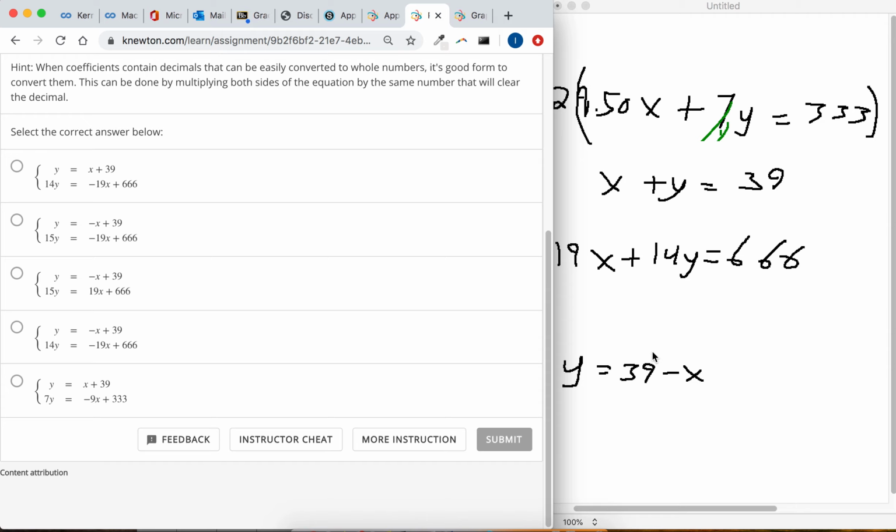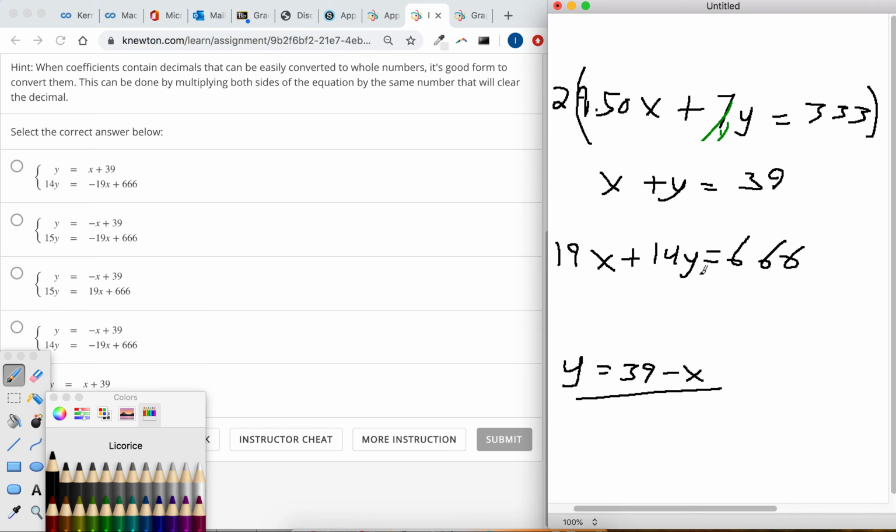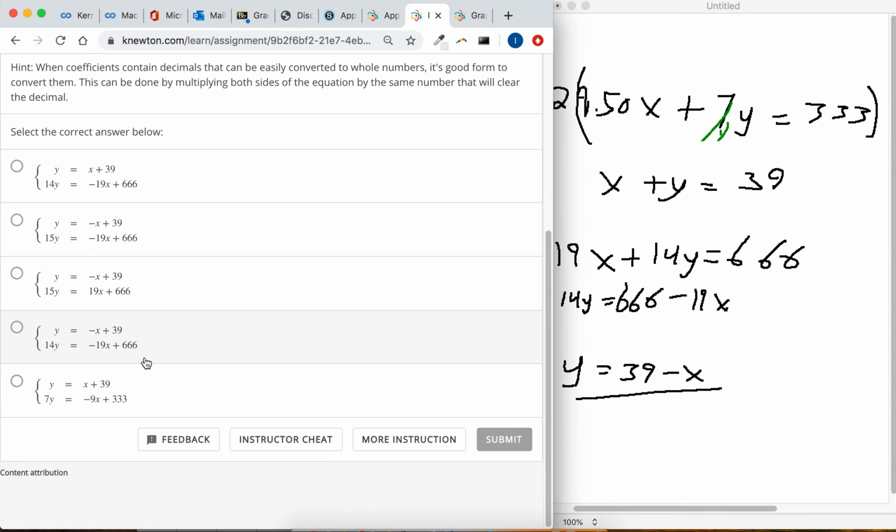Y equals negative x plus 39. That's what we've got. We don't have 15y though, so let's keep looking. This y equals negative x plus 39, that's this one right here. Now this one, if you get y by itself, you can rearrange by subtracting 19x from both sides. That's what we got here, right? Negative 19x and then plus 66.